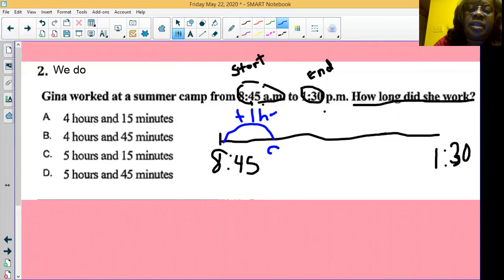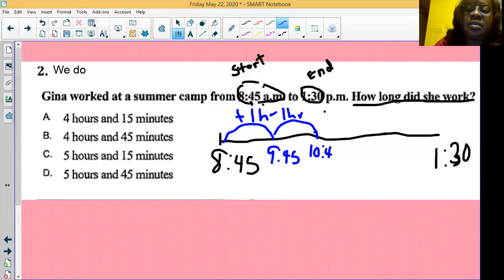Now we're at 9:45. Again, we're trying to get to 1 o'clock. So we jump another hour. We're at 10:45.